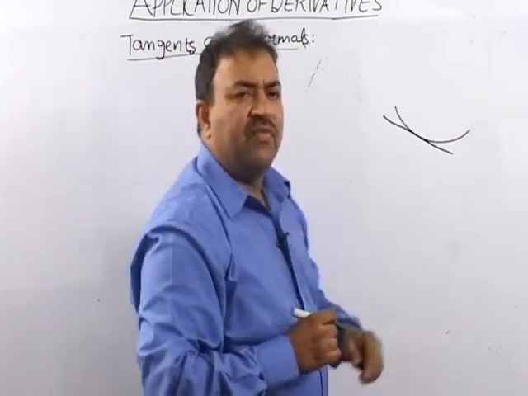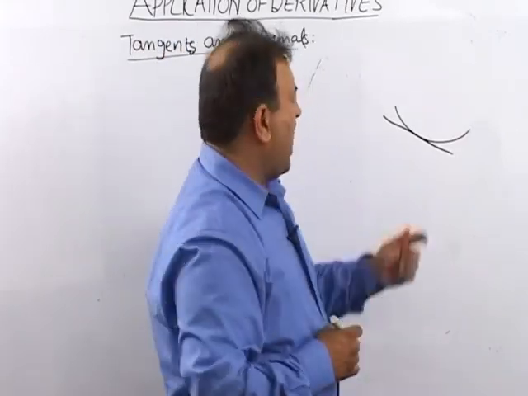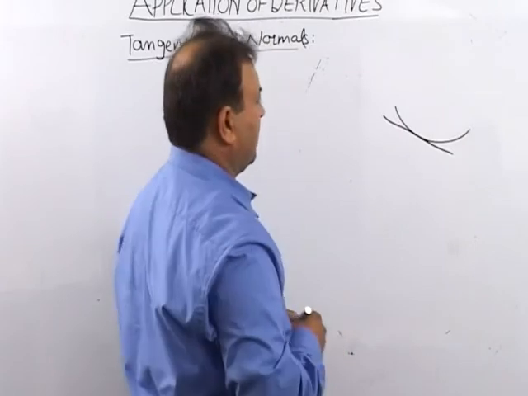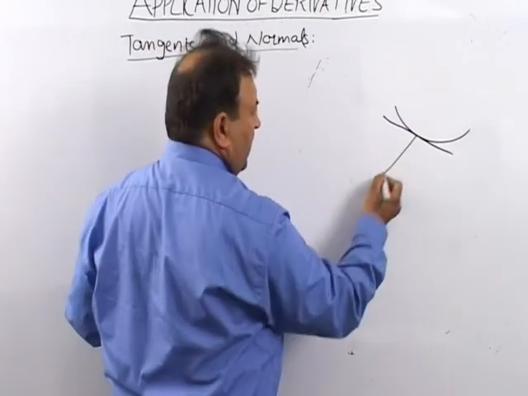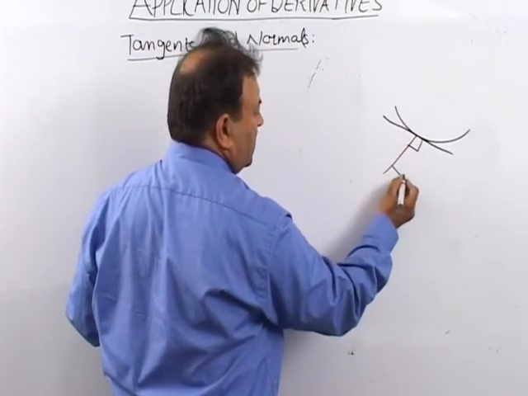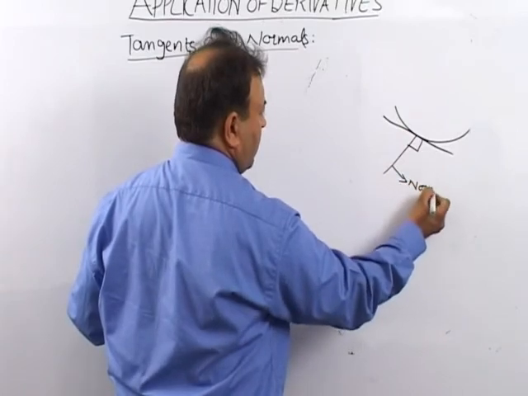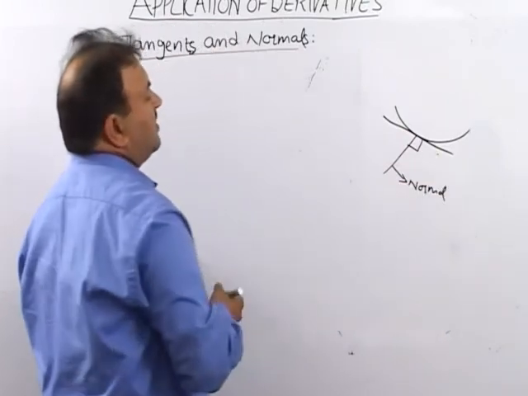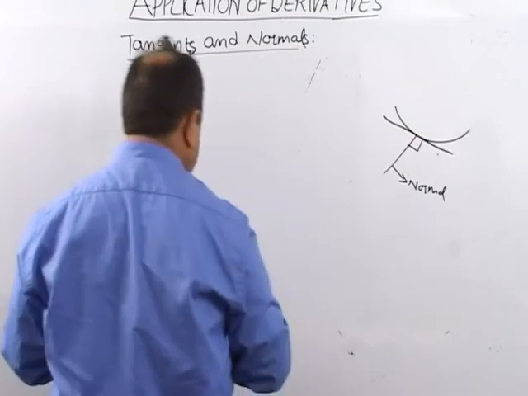A tangent is a line which touches any curve at one point, and at that very point if we draw a perpendicular, this is called normal. This is called tangent and this is called normal.